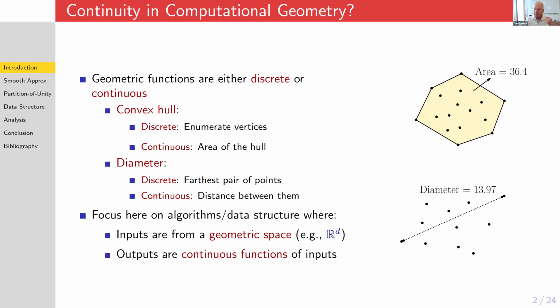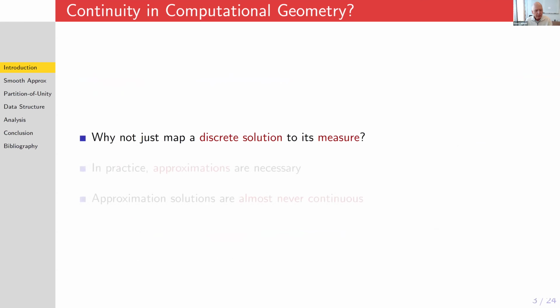So distances, areas, volumes, things of this variety, which change continuously as a function of the inputs. Now, I'm only going to talk about one such problem, which is sort of the distance to the nearest neighbor problem. But I want to say generically, there's a lot of interesting questions that one could ask in this general regard.